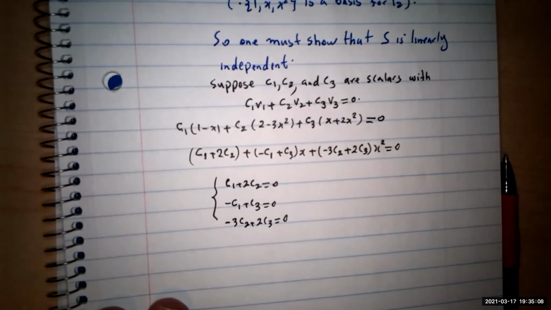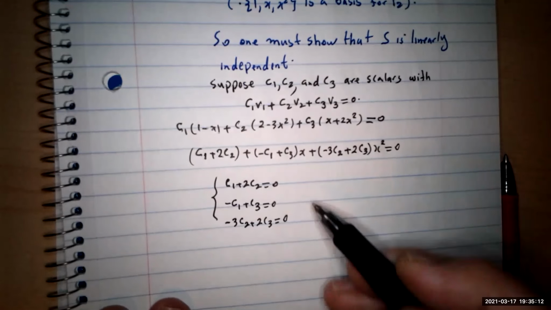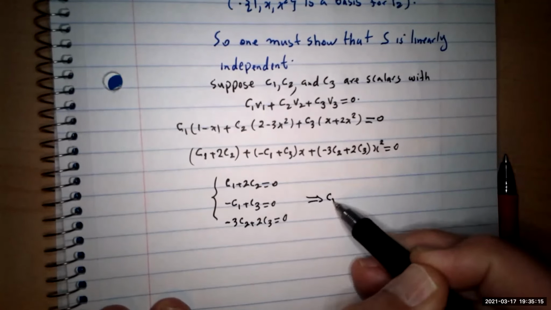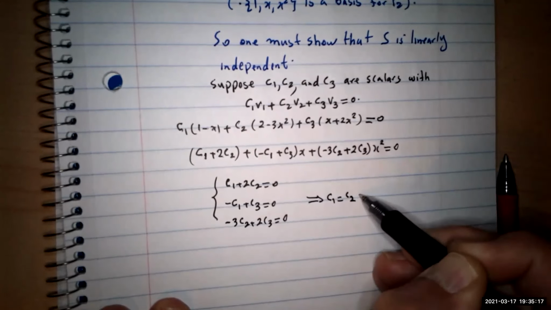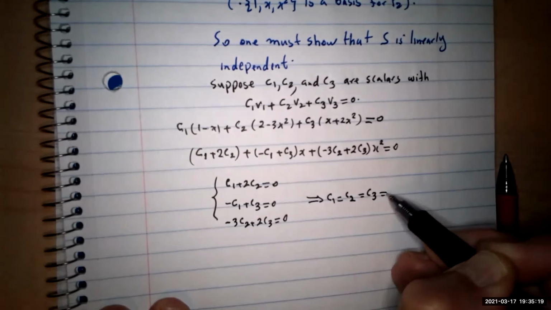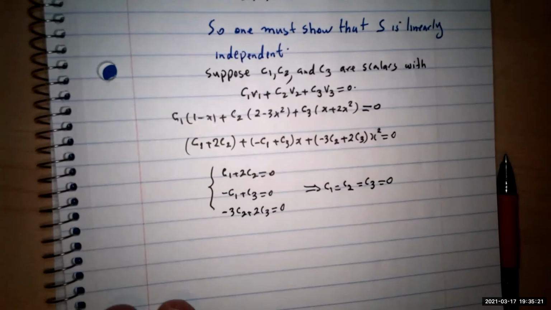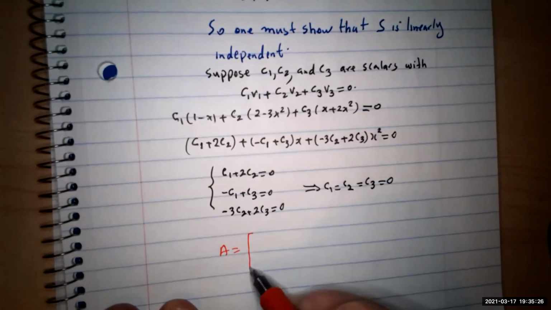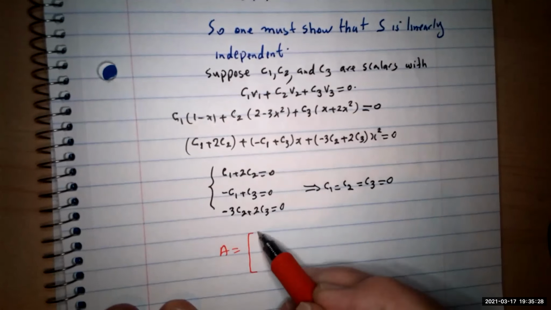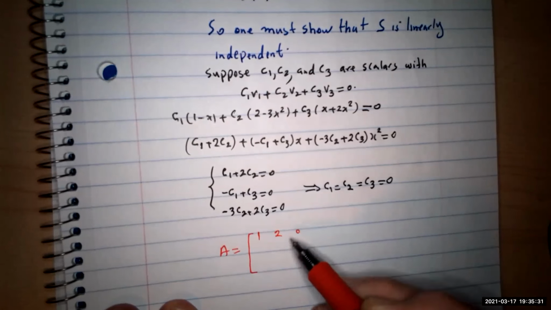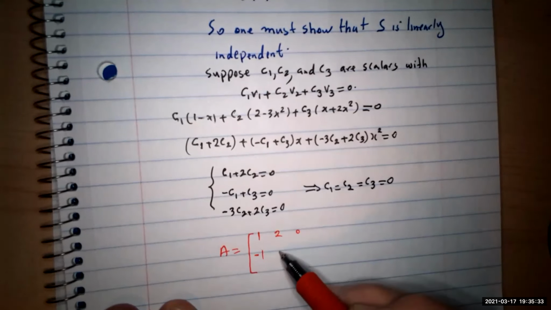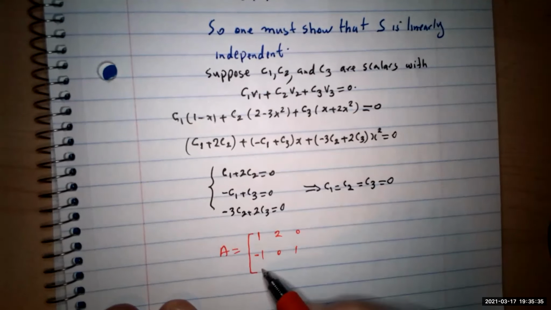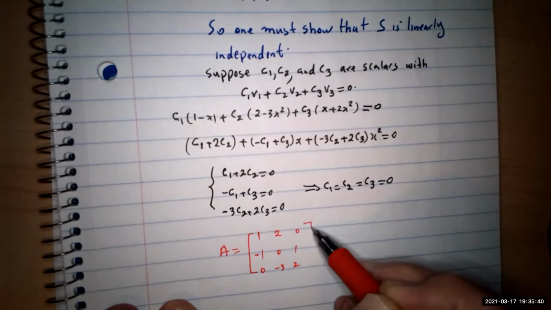It's very easy to solve directly, and it can be shown that c1 = c2 = c3 = 0. If you want to check the matrix of the coefficients, the first row is 1, 2, 0, the second row is -1, 0, 1, and the last row is 0, -3, 2.